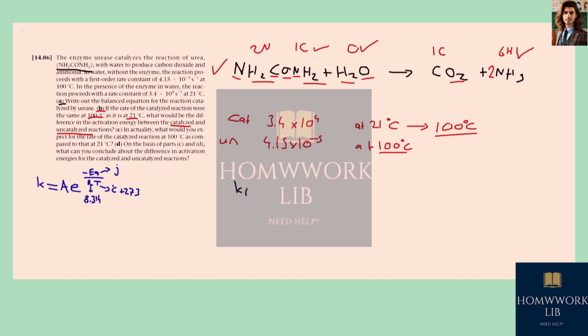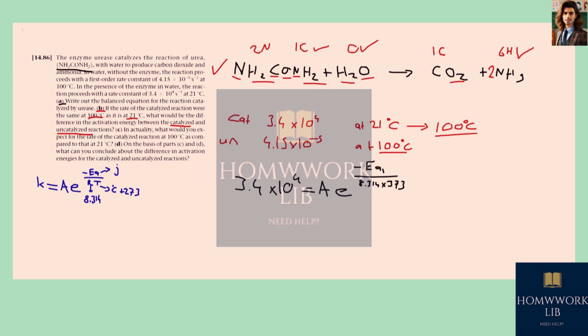So k1 is going to be 3.4 times 10 to the power of 4 equals A times e to the power of minus Ea1, because our activation energies are different. That's what the question suggests to us. Divided by 8.314 times 100 Celsius plus 273, which is 373.